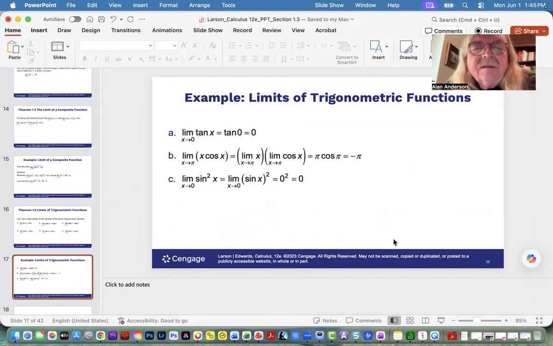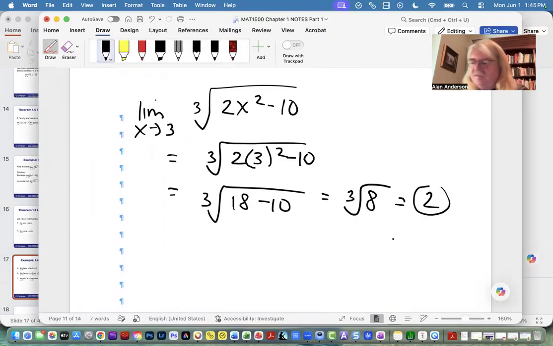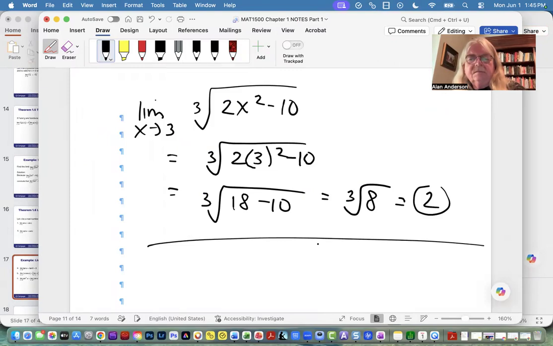Let's see, what do we have? Oh, okay. So what they're doing is they're obviously complicating them a little bit. So the limit as x goes to infinity of tangent x.